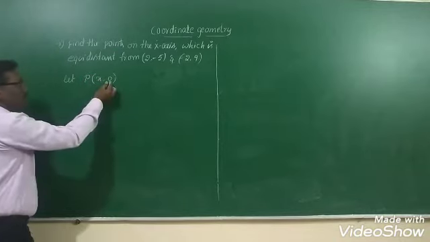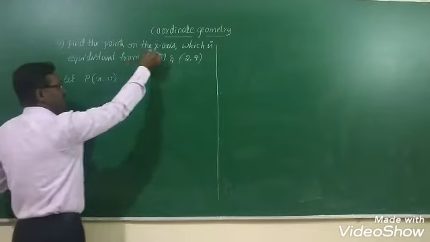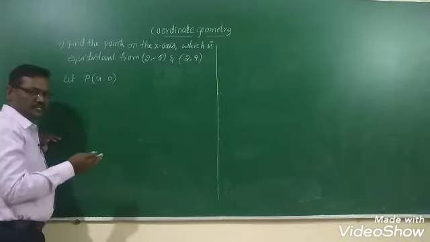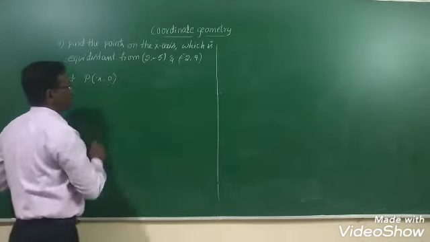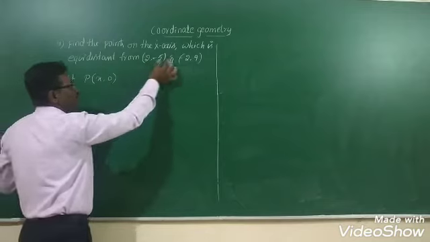Observe here, the y coordinate will be 0 on the x-axis and on the y-axis the x coordinate will be 0. This is the point on the x-axis which is equidistant from these 2 points.